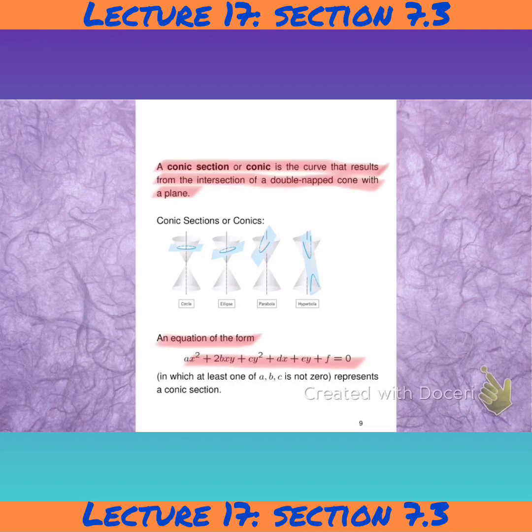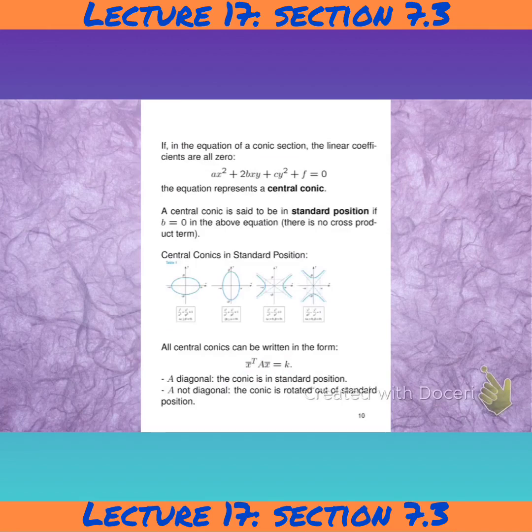Also take note that at least one of A, B, or C is not 0. Now, if in the equation of a conic section the linear coefficients are all 0, in other words, your equation looks like that, then the equation represents a central conic.